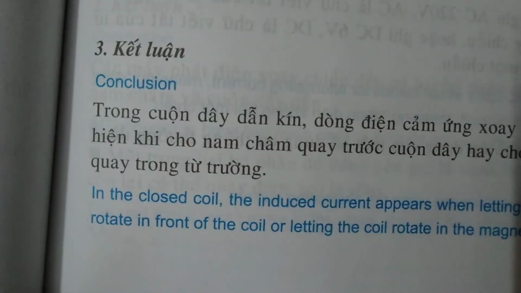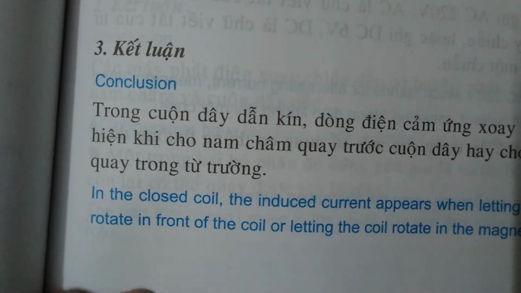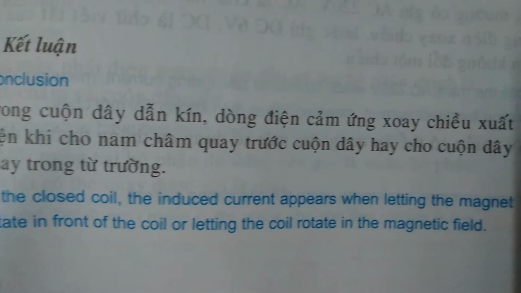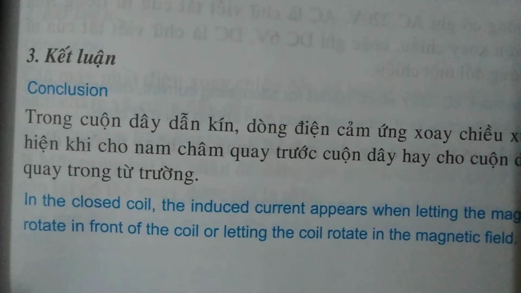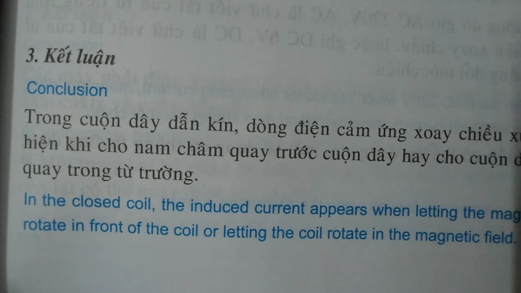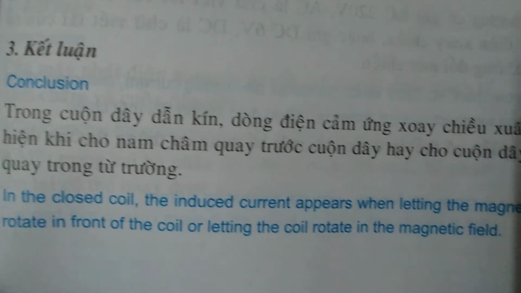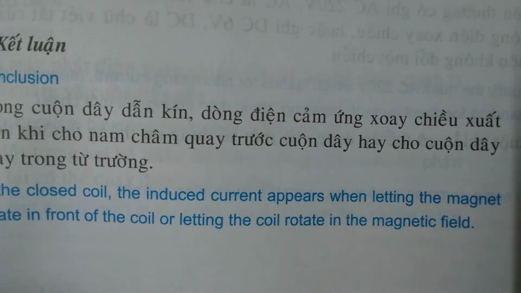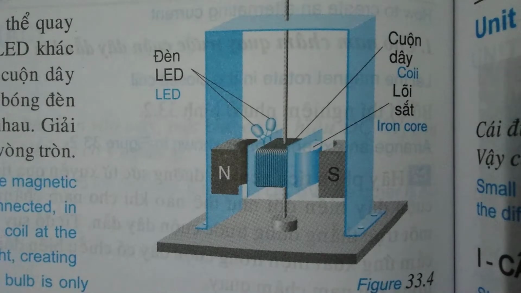Conclusion. In the closed coil, the induced current appears when letting the magnet rotate in front of the coil or letting the coil rotate in the magnetic field. Page 92.